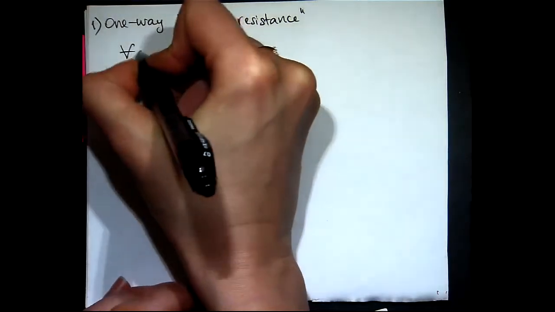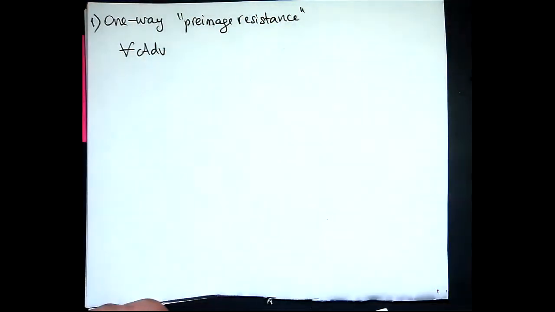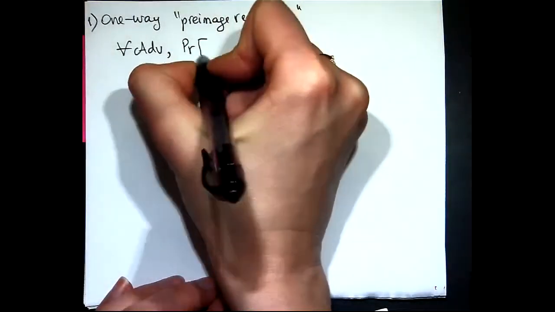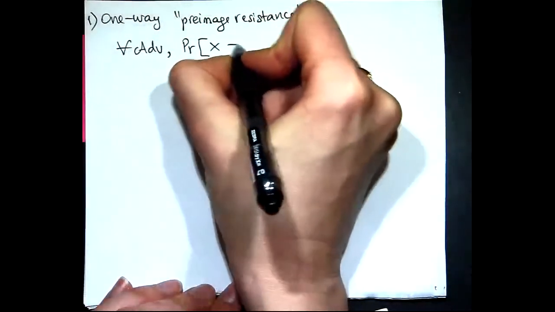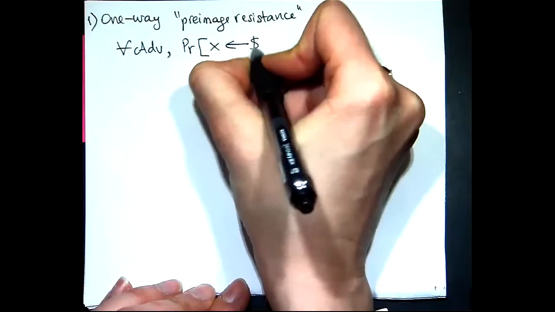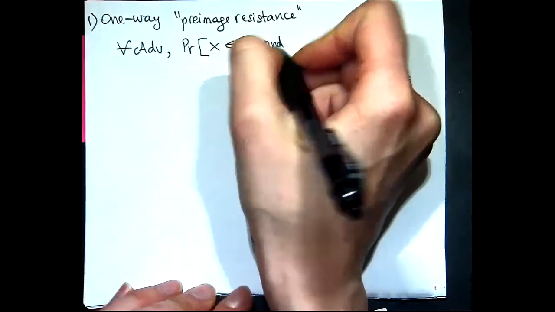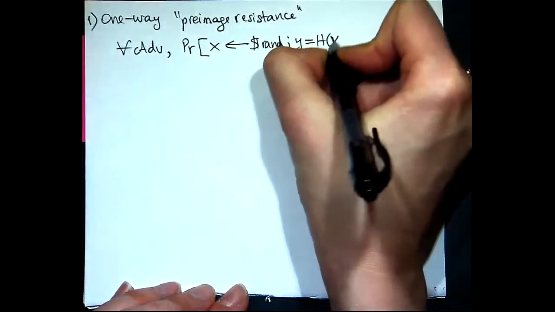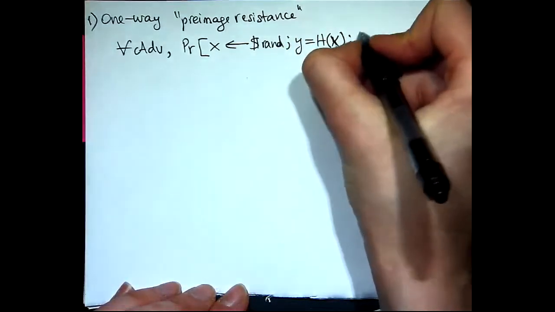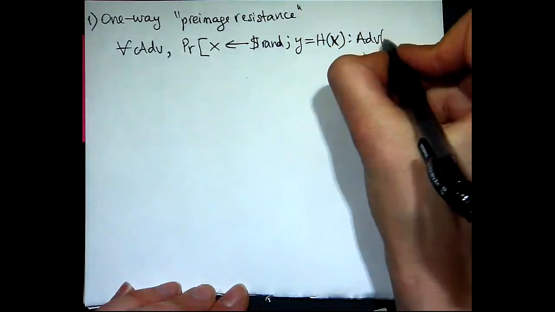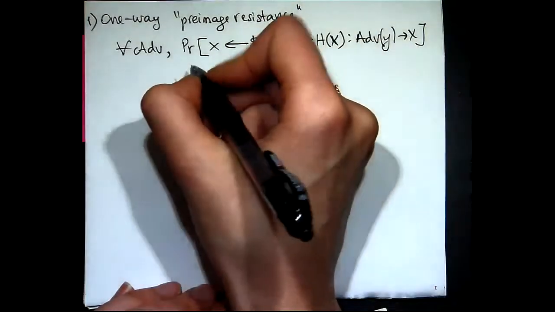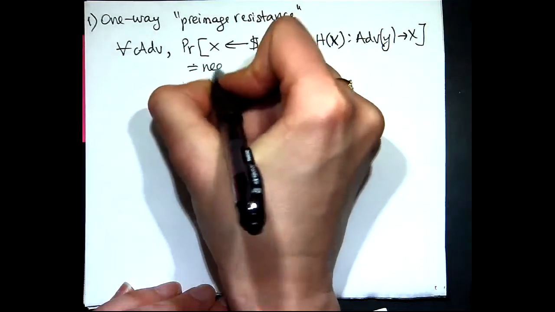So basically for all adversaries, again, polynomial time, because that's the only thing we really consider in cryptography, then the probability that if you chose an X randomly, okay, so the $ means random, and you computed Y to be the hash of X, and you give it to the adversary, the fact that the adversary is able to produce X, this probability should be basically negligible.